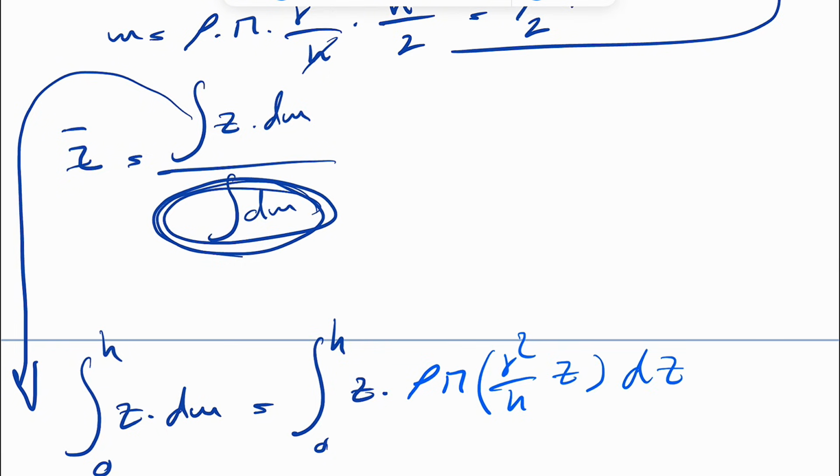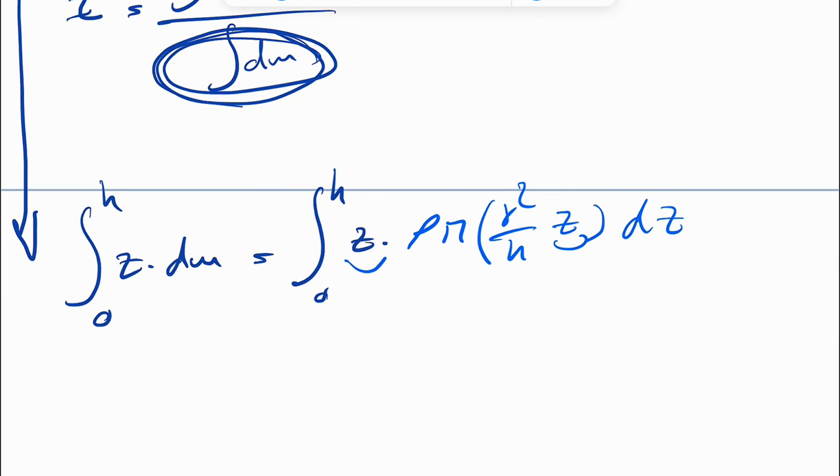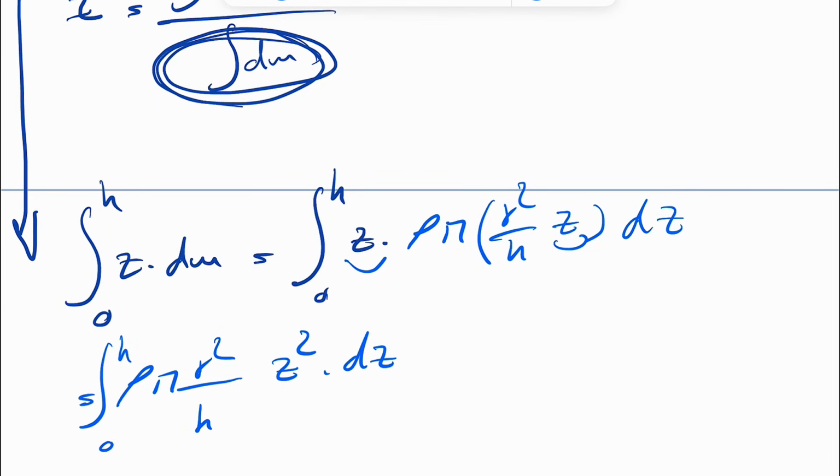The only difference here is that now we have 2z, so it's going to be a little bit different. So let's take out all the constants, rho pi r squared over h. We're going to have z squared dz, again from 0 to h.